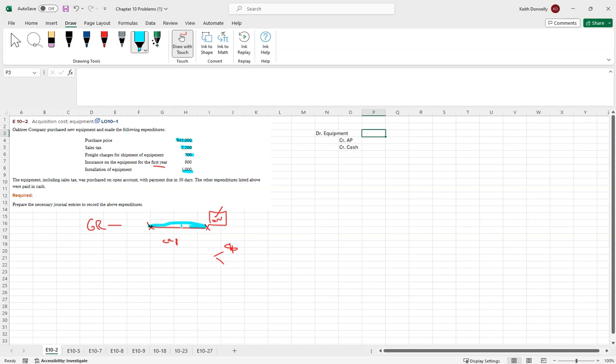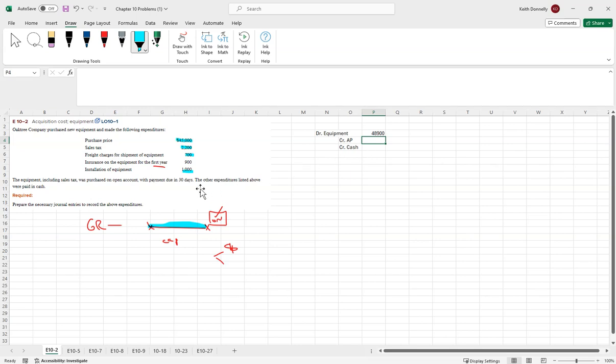All of those costs up until we flip the on switch. So if we do an equals 45,000 plus 2,200 plus 700 plus 1,000. There we go, 48,900.